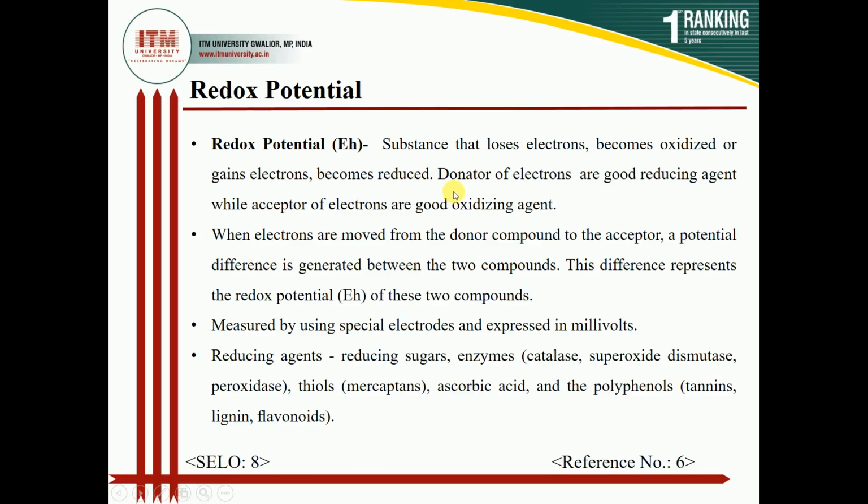So the donor of electrons is said to be a good reducing agent, while the acceptor of electrons is a good oxidizing agent. Generally, redox potential is expressed in millivolts, and it can be measured using special electrodes.